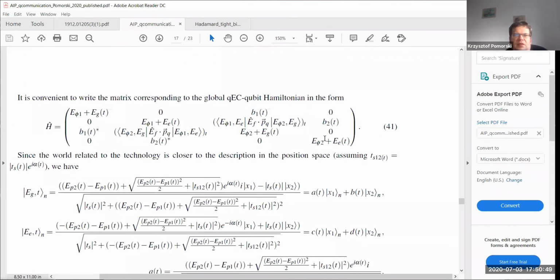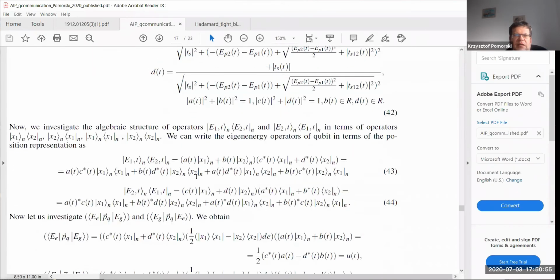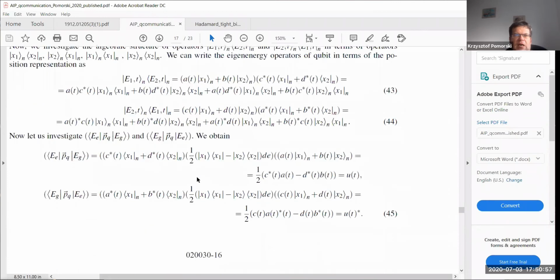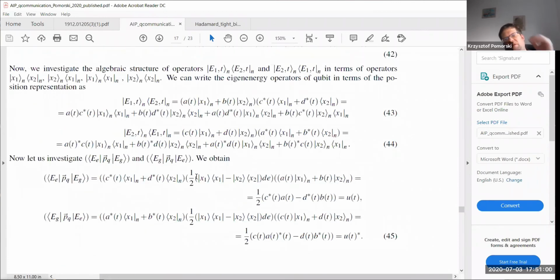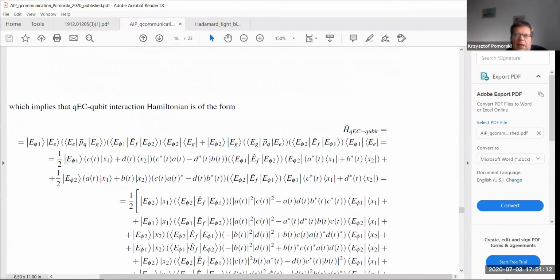Yeah, so you end up with such a type of matrix. There is a lot of algebra involved here. You will get such dipole moments in the way given here.